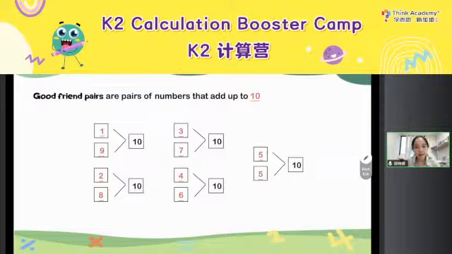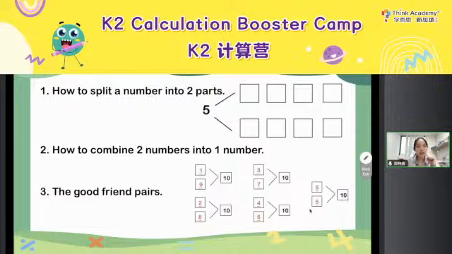Okay. So now, this is all for today's lesson. Today, we learned how to split the number into 2 parts. Basically, if you secure one part, cover that and count the remaining part. And how to combine the 2 numbers into one whole number.